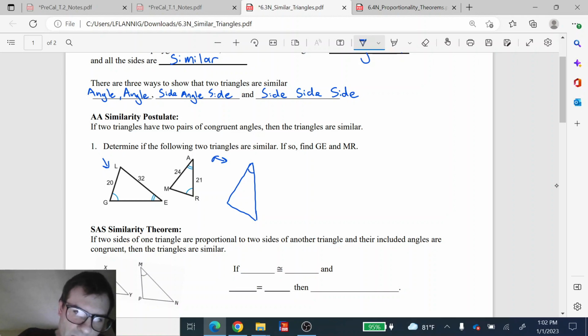So I know the double angle here and the single angle here, and the single one is G, the double is E, and the one that doesn't have one associated is L. I know LE is 32 from the picture before, and I know LG is 20 from the picture.